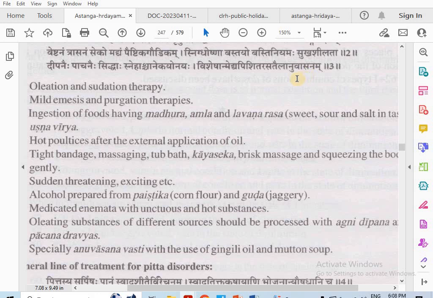So students, they are talking about Anuvasana Basti. Visheshat means specially, especially Anuvasana Basti, right? And that also with two substances. With which two? Medya Pishita Rasa, three words, I repeat, Medya Pishita Rasa. The meaning is mutton soup here. And the next word is Taila, that is gingili oil.